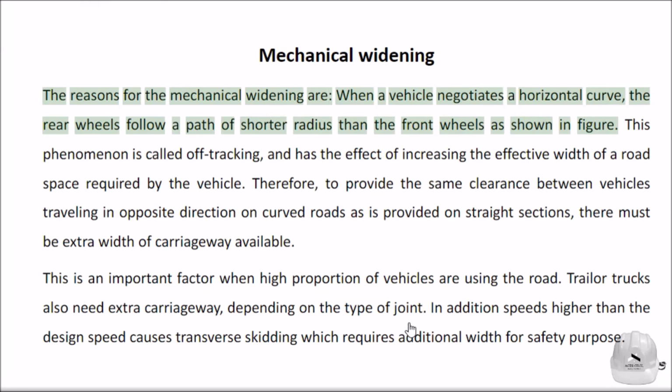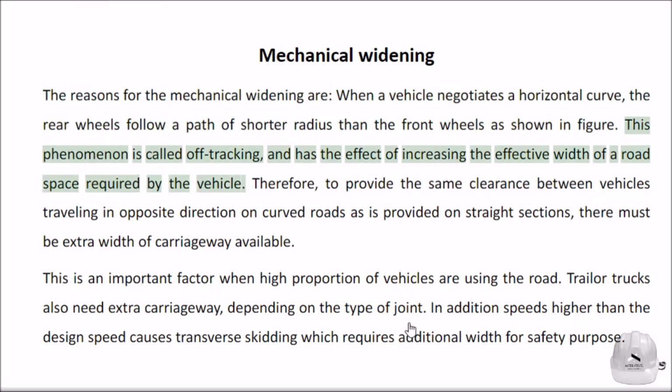The reasons for the mechanical widening are, when a vehicle negotiates a horizontal curve, the rear wheels follow a path of shorter radius than the front wheels, as shown in the figure. This phenomenon is called off-tracking, and has the effect of increasing the effective width of road space required by the vehicle.